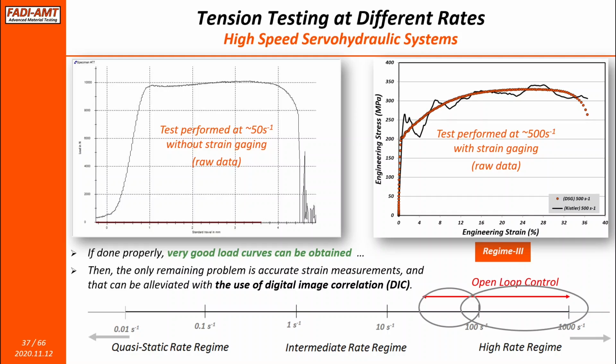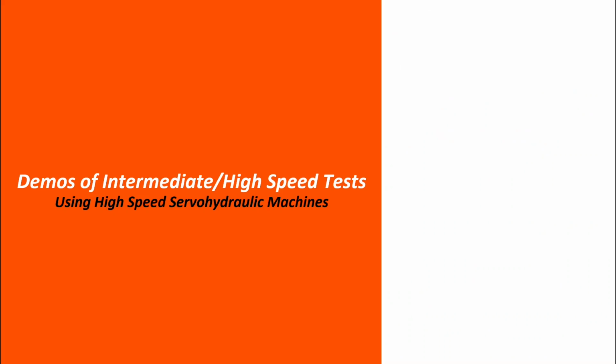As I mentioned earlier, this is going to be another topic for another webinar where we talk about the proper measurements of strains with DIC at high strain rates. But once that is taken care of, you can combine the two together to get a good stress strain curve.